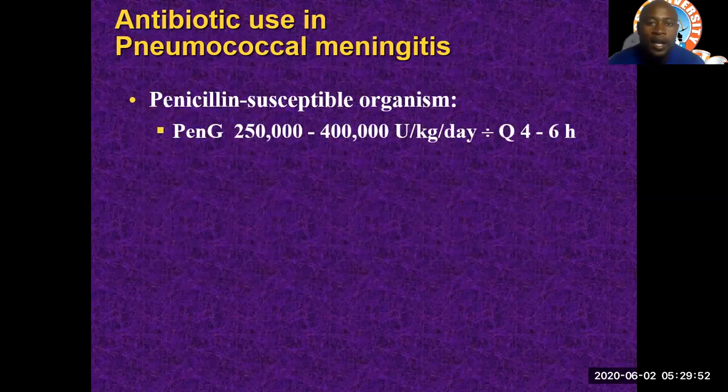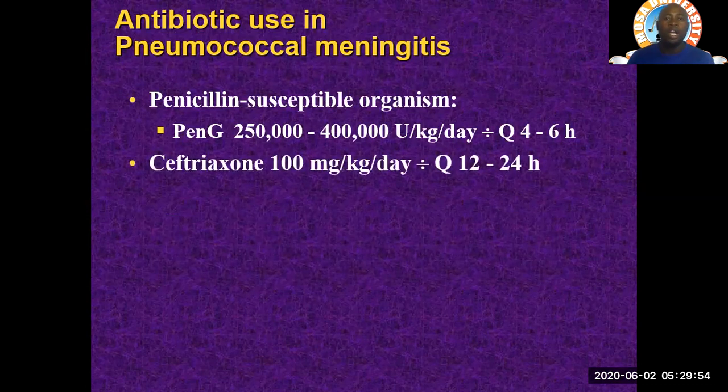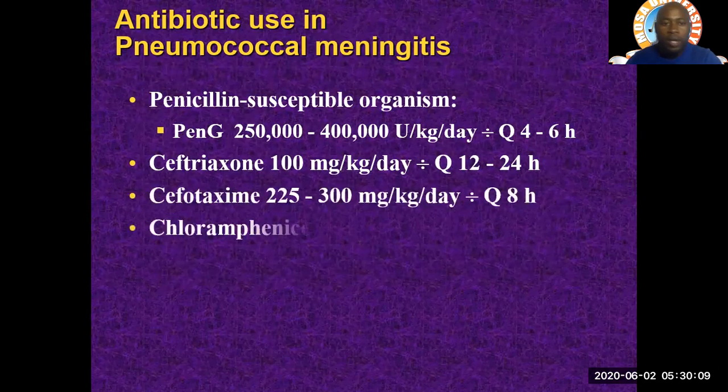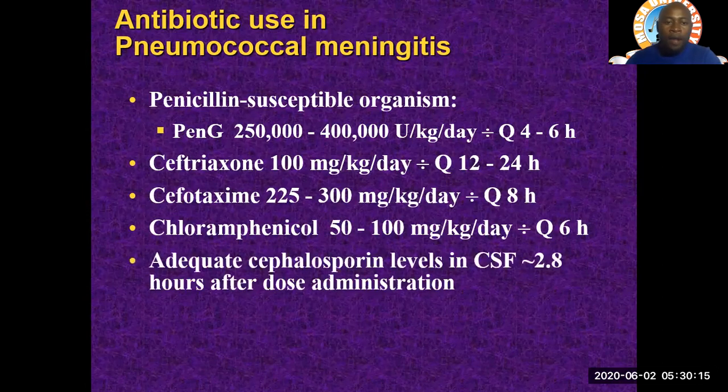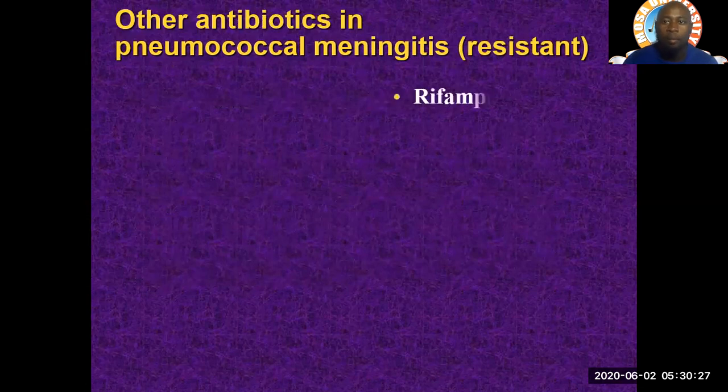The antibiotics we can use in pneumococcal meningitis: penicillin G if the organism is susceptible, ceftriaxone, cefotaxime, and chloramphenicol. We also check for adequate cephalosporin levels in CSF between 2 and 8 hours after the dose of these antibiotics.